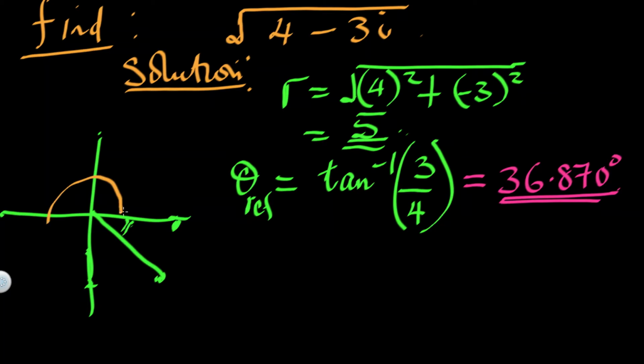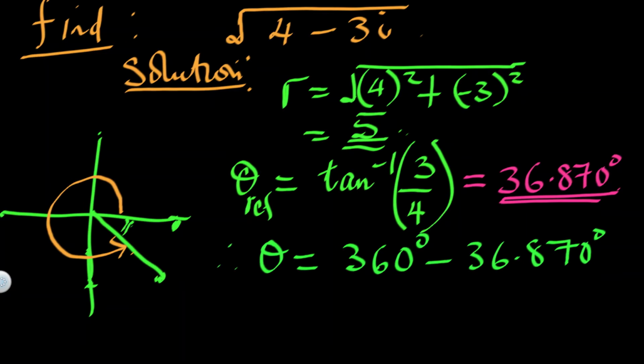This is our argument. This is our theta. This whole angle here means it is 360 minus 36.870.